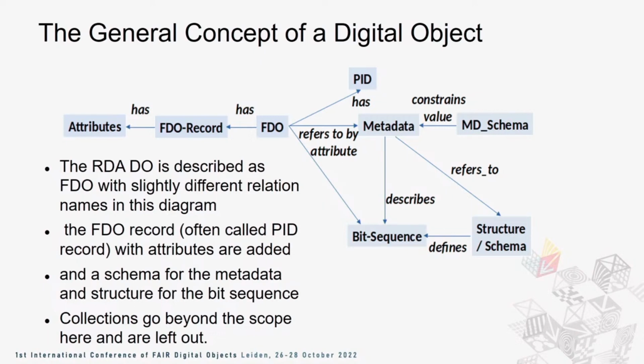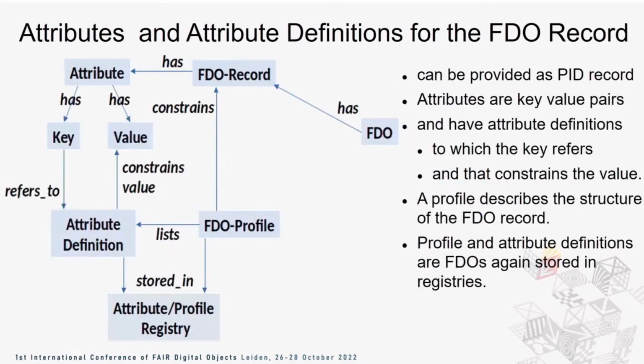We need here an attribute definition, and an important point is that we see this attribute definition again as an FDO. The key refers to this attribute definition by its PID.